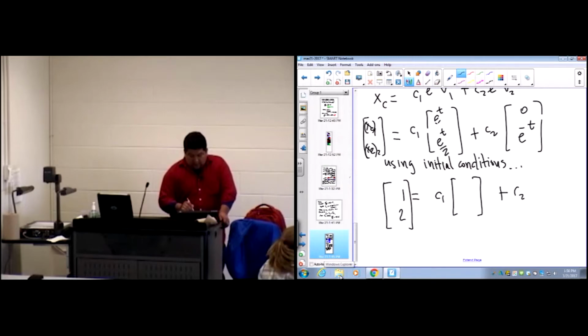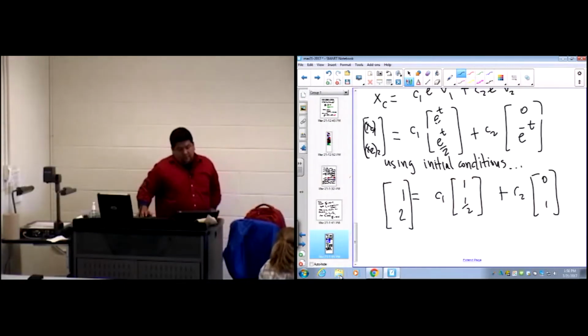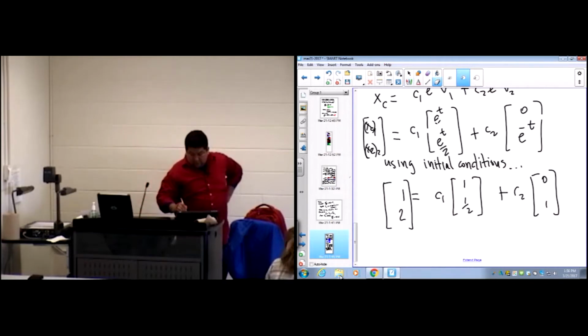So we can find these values of c1 and c2 by doing something similar to what we did, right? Here we have two equations and two unknowns, these constants c1 and c2.